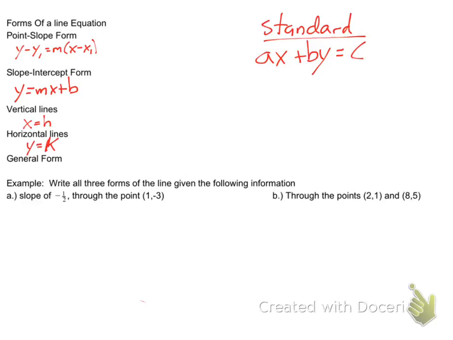So integers, and our x term, we like to have positive. That's about the only one that we generally say, hey, we like to keep this one positive. For some reason, it just kind of standardizes standard form.